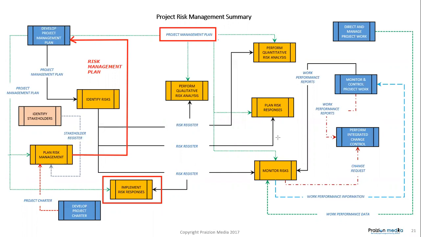So as part of your planning risk responses, be aware that something else that could happen is you may need to process changes as well as a result of you planning certain responses, especially if they exceed the budget or they touch any of the triple constraint pieces after the plan has been solidified.